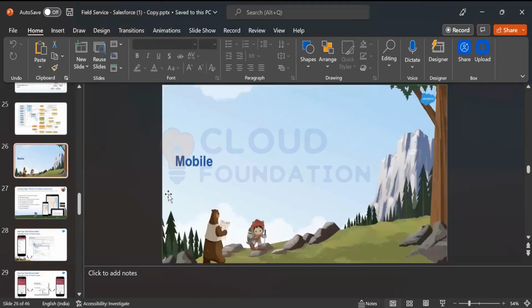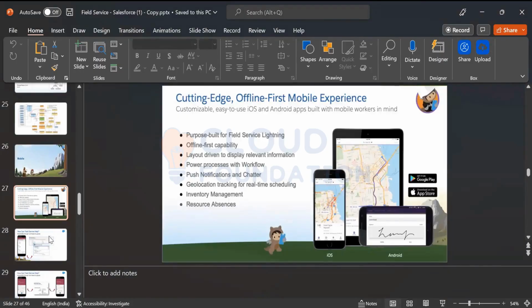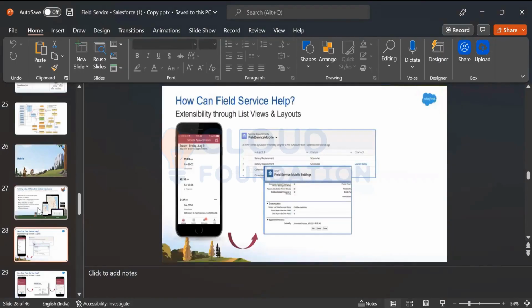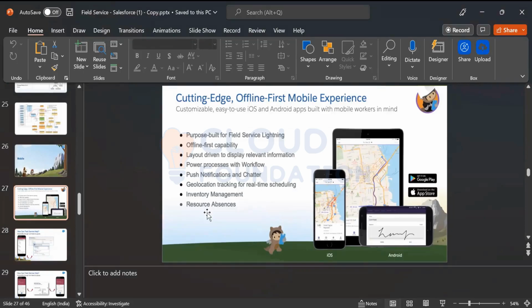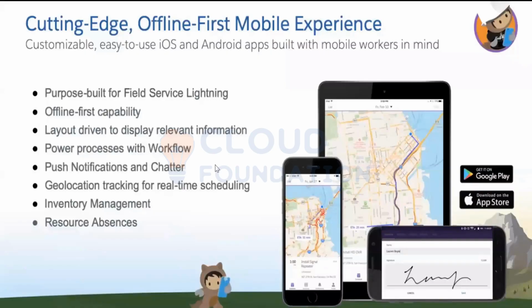Today we will talk about Salesforce Mobile. Mobile is basically a Field Service Lightning Mobile, which is specifically a very good feature. We'll talk about the Salesforce Field Service Lightning Mobile.